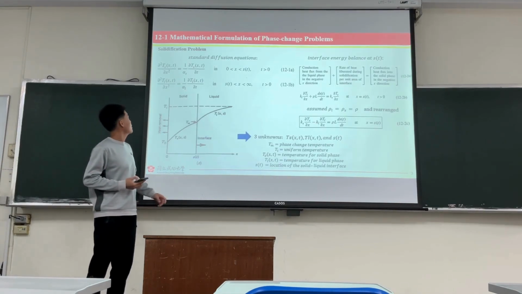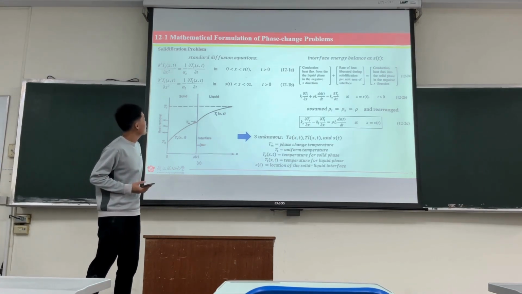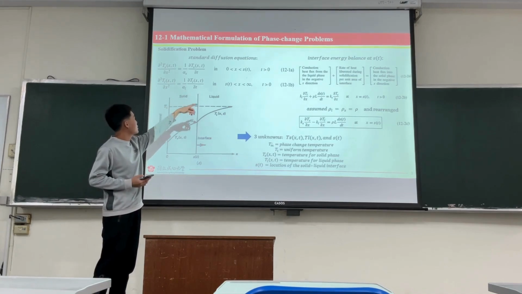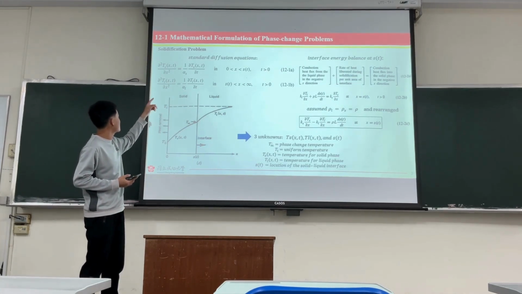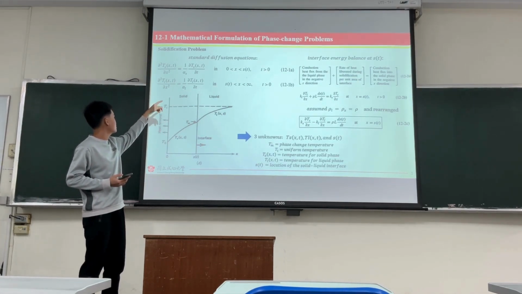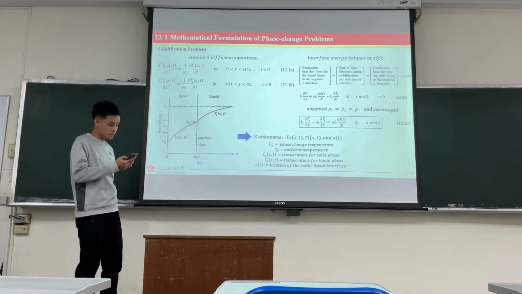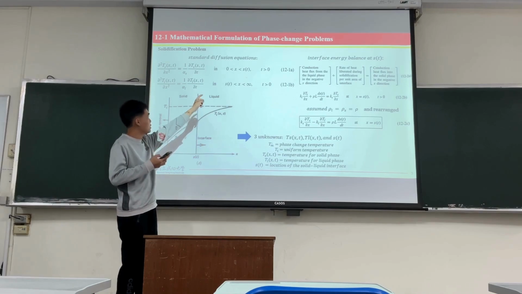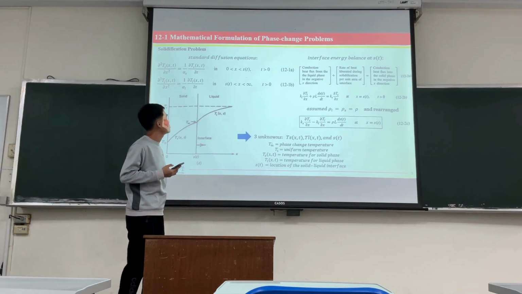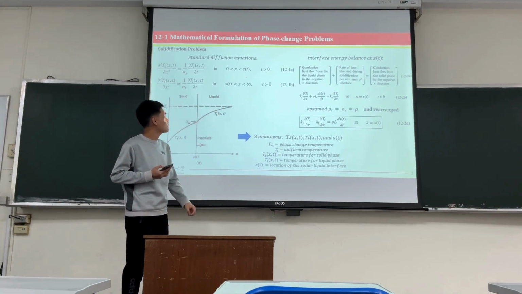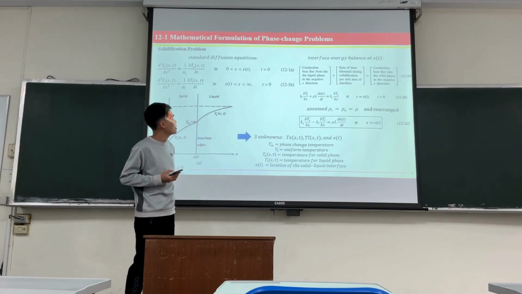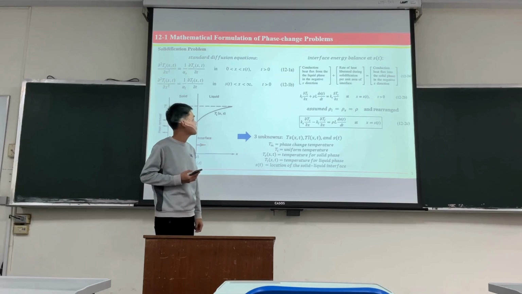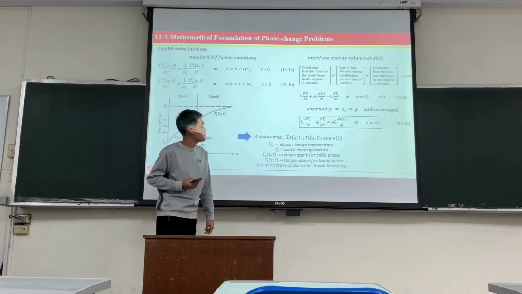Next, I will introduce the mathematical formulation of the phase change problem and state the diffusion equations. One is the solid phase temperature, another is the liquid phase temperature, and the interface energy balance at s(t) is: conduction heat flux from the liquid phase, plus the rate of heat liberation during solidification, equals the heat flux into the solid phase.